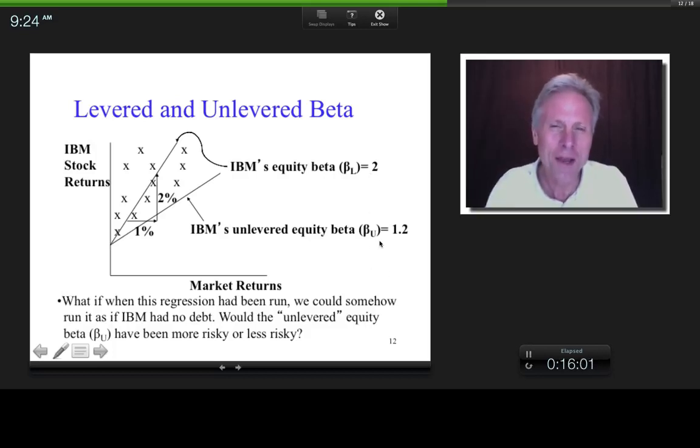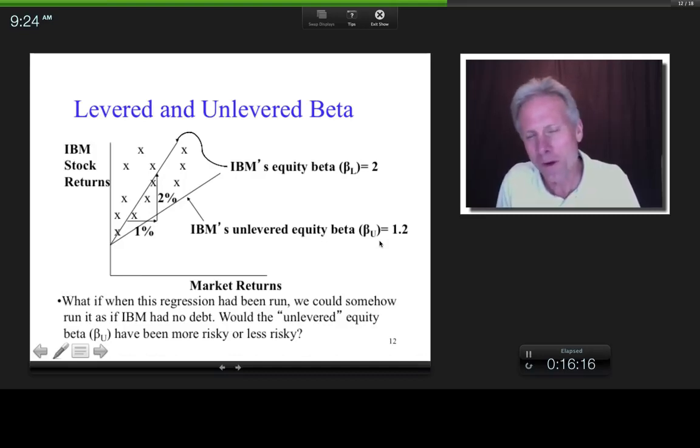And then the unlevered beta is something hypothetical. It's like, if I could somehow magically, hypothetically, fantasyland, whatever you want to call it, I recognize it's not real, but if I wanted to back it out for analytical reasons, then I wonder what it would be.